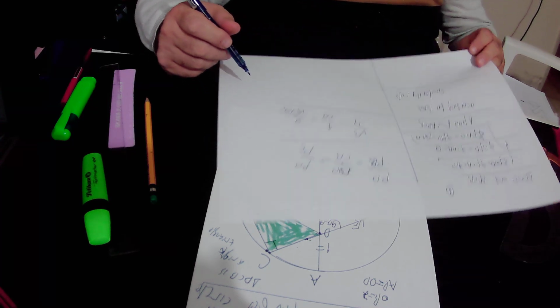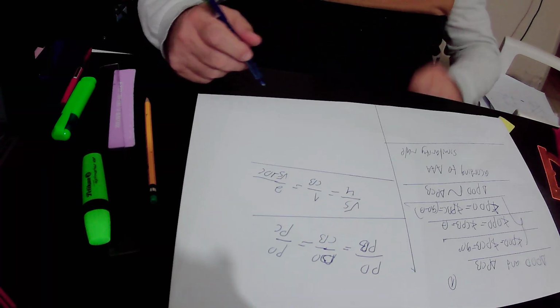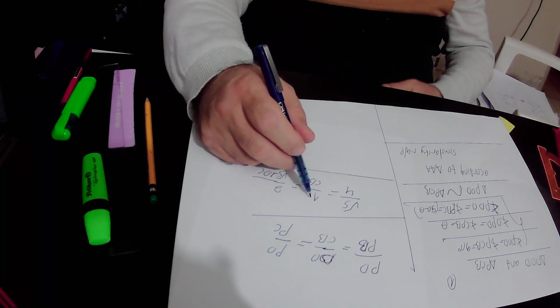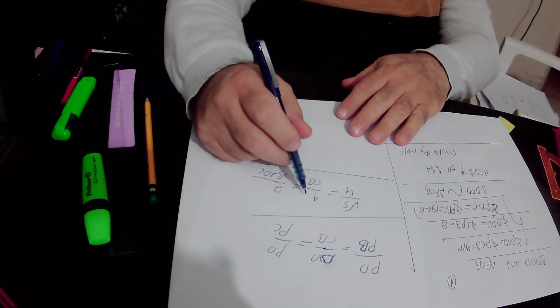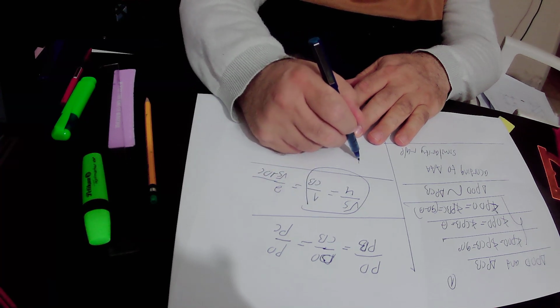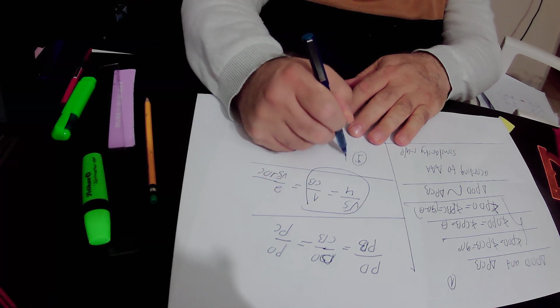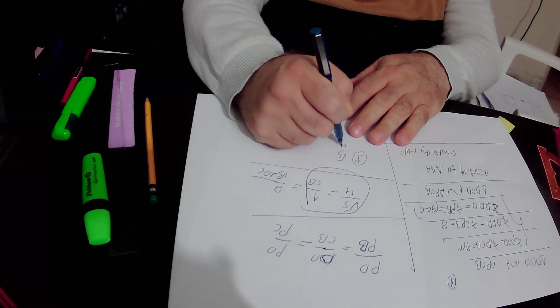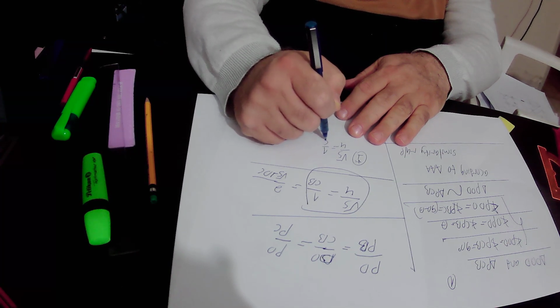Okay, so here we get from the first equation that square root of 5 over 4 equals 1 over CB.